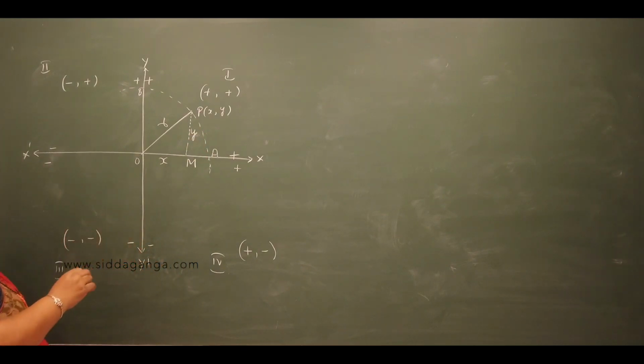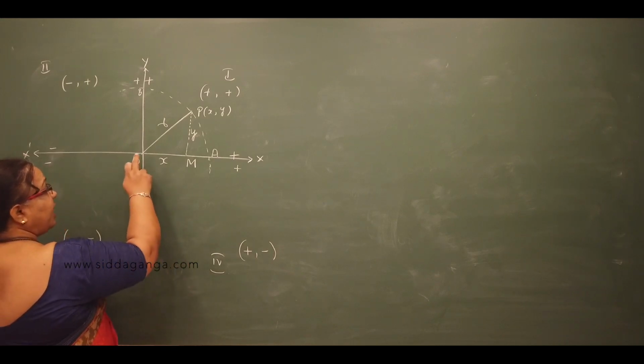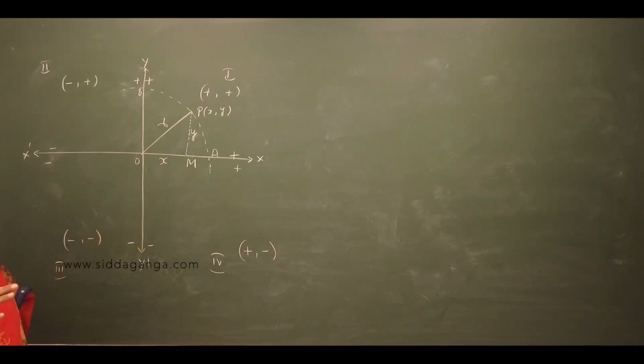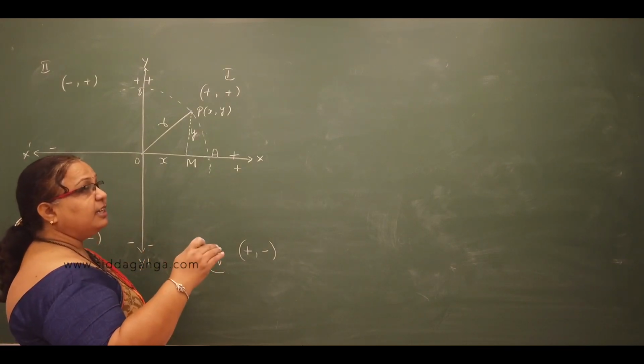Now with respect to trigonometry, OP becomes the rotating line to measure the angle. We know that to measure the angle in the quadrant, the positive x-axis is considered as the initial line.